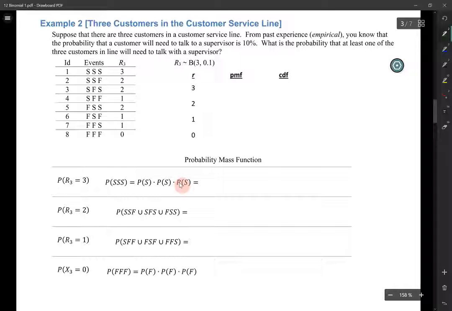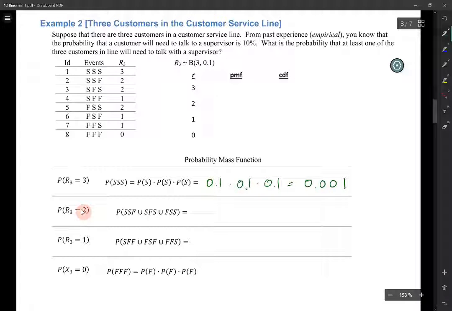That's an intersection, and intersection can be done by multiplication, because we assume they're independent. So this is 0.1 times 0.1 times 0.1, which is equal to 0.001. So 1 in 1,000. Pretty unlikely that all 3 of them will need to talk to the manager.